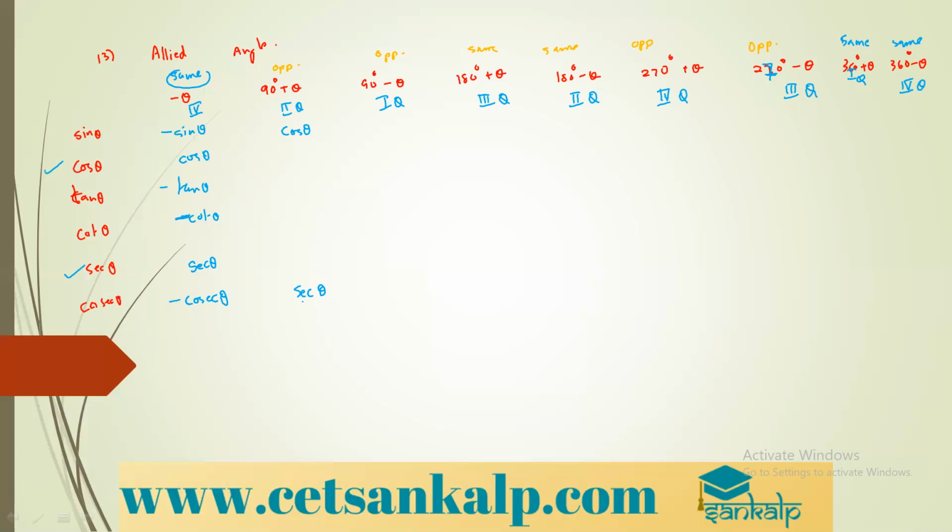You will write in the second quadrant. So in the second quadrant, sine and cosecant are positive, remaining all negative. Opposite of cos is negative sine theta, opposite of tan is negative cot theta, opposite of cot is negative tan theta, and opposite of secant is negative cosecant theta.